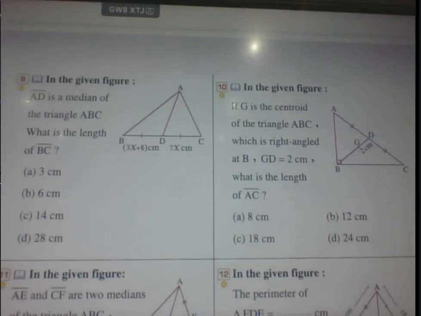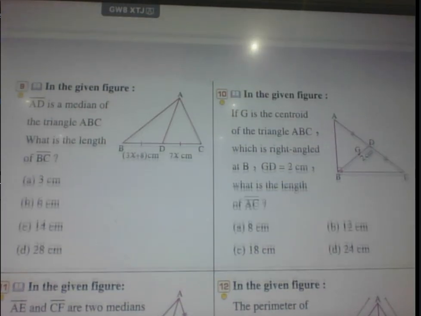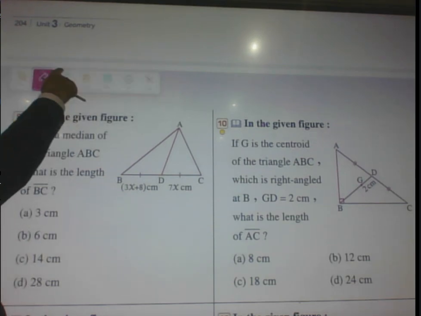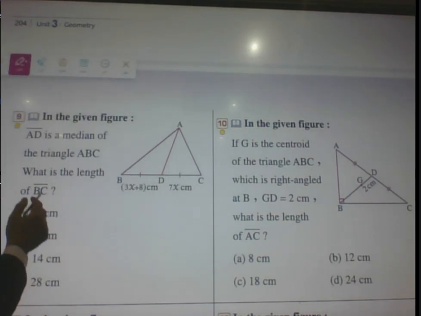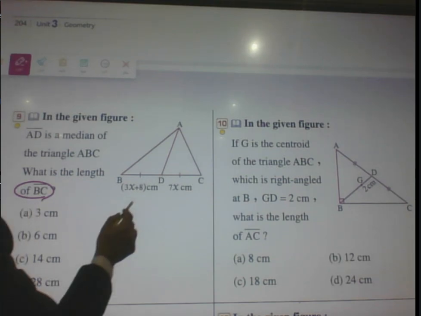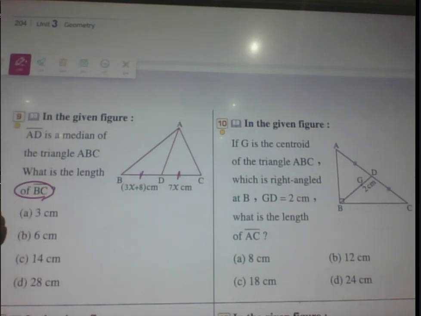Next question, number 9. In the given figure, AD is the median in triangle ABC. What is the length of BC? We want to find the length of BC. We have a median, meaning D is the midpoint of BC.